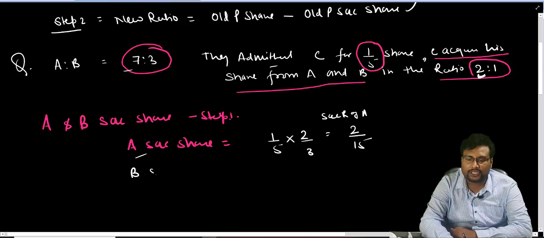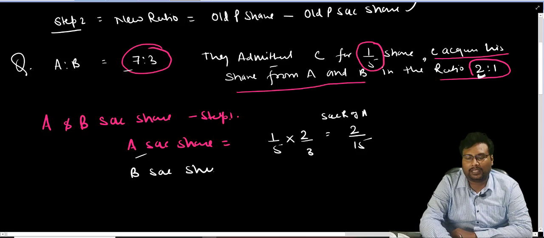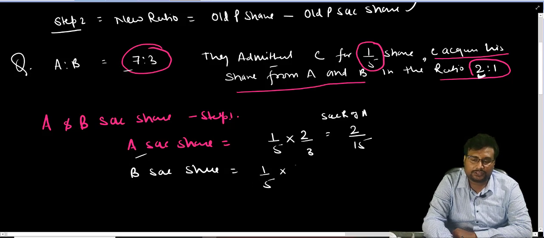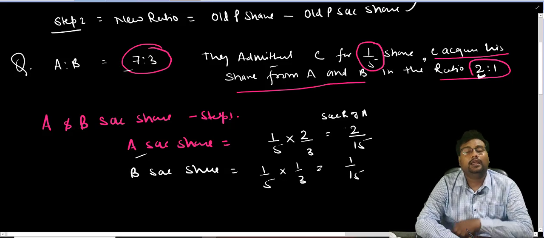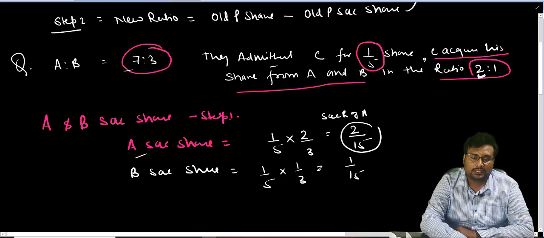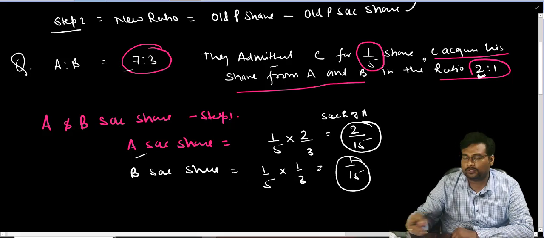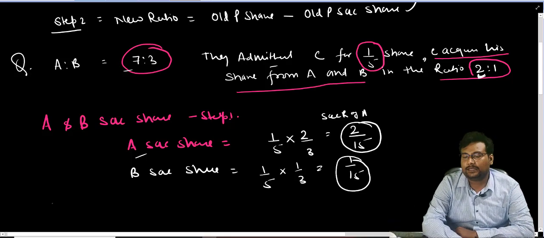Similarly, B sacrificing share will be 1/5, new partner share, into 1/3. So it is what beta? 1/15.